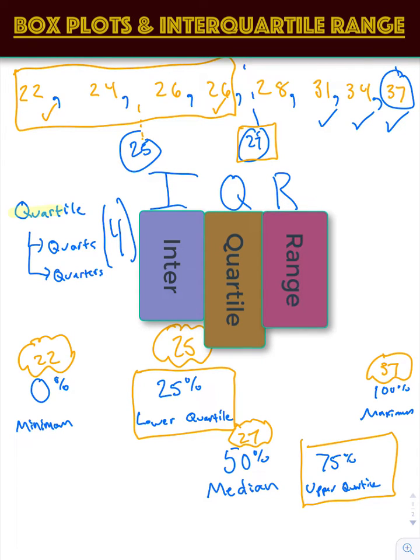Using that same method, I want you to think through where the upper quartile should be. What 2 numbers should the upper quartile be in between? The median of the upper half.